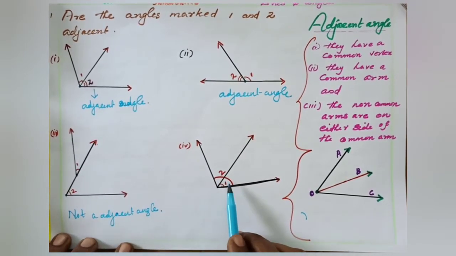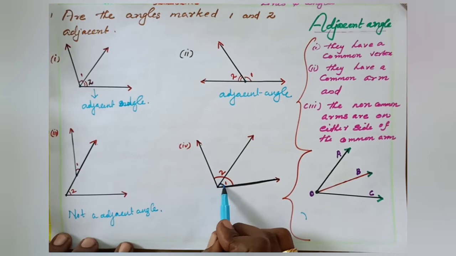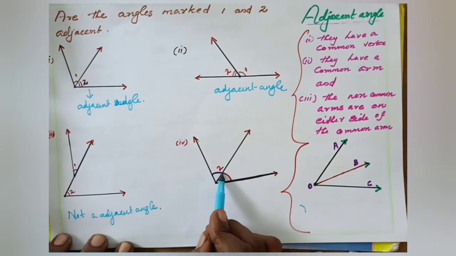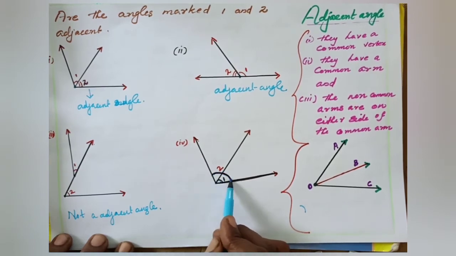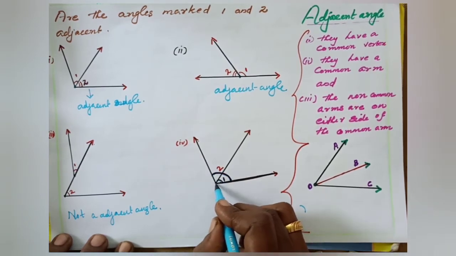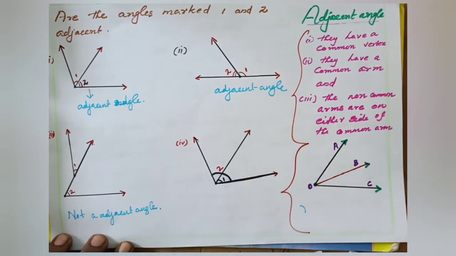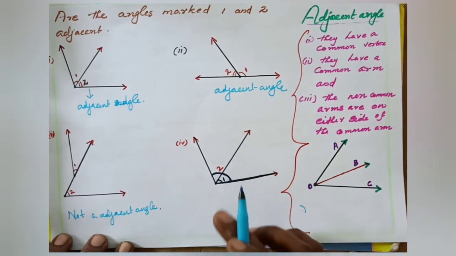Then third question, listen. This is the first angle. Okay, this small angle is the first angle. Second is this whole big angle. They have a common vertex but not a common arm, because this is a big angle and a small angle. No common arm.